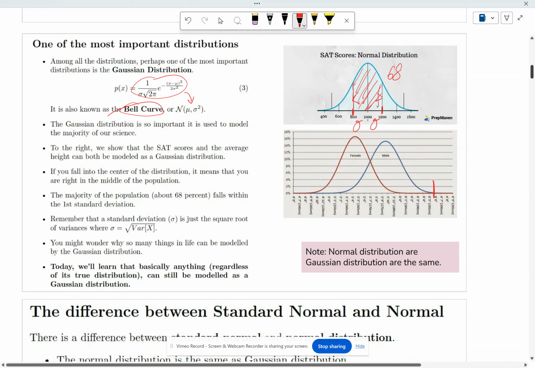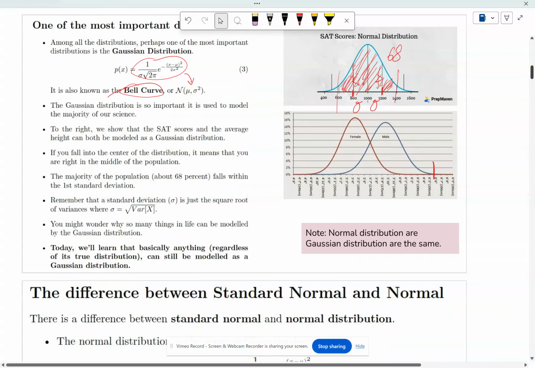So if you're within one standard deviation, you're in the majority, like most of the people fall in here. However, if you include the second standard deviation, roughly 95% falls in here. So if you're in the 95%, then that's within two standard deviations.